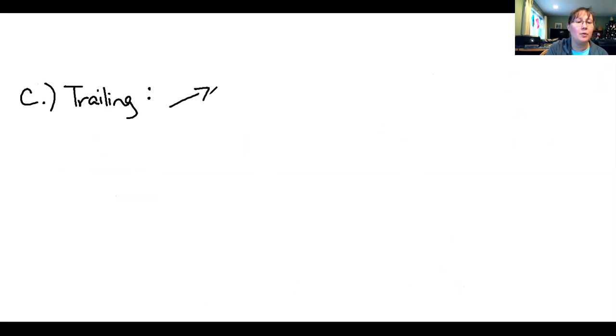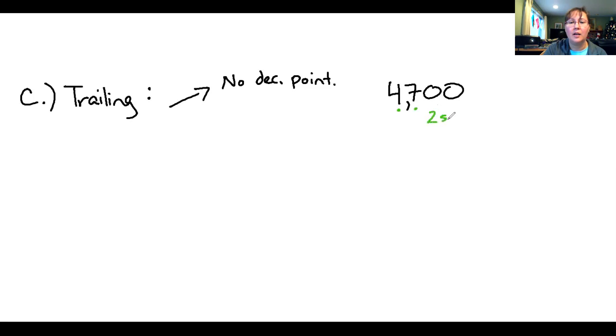Okay. Case number 1, no decimal point. If we have no decimal point, 4,700, then we have two significant figures, because with no decimal point, the zeros do not count.